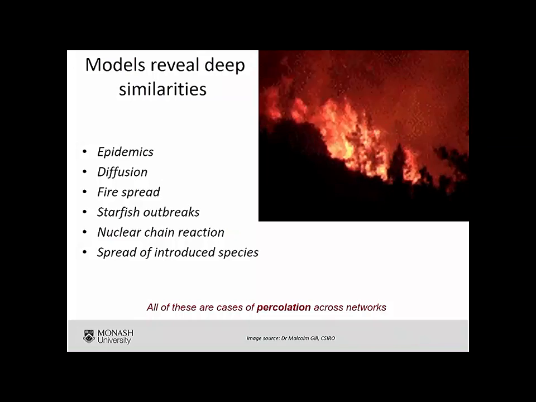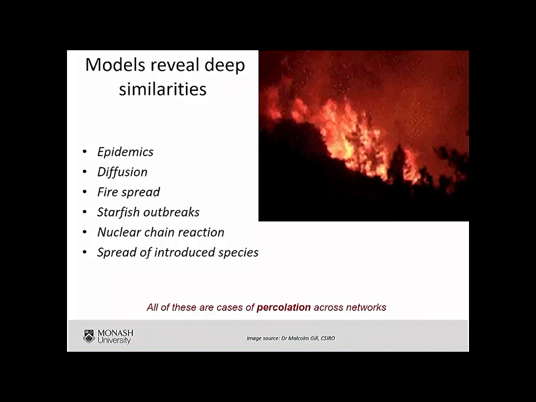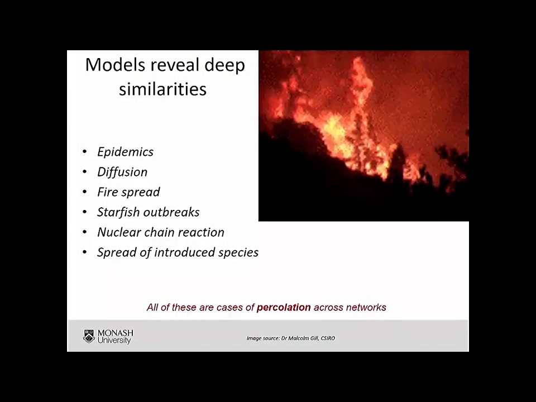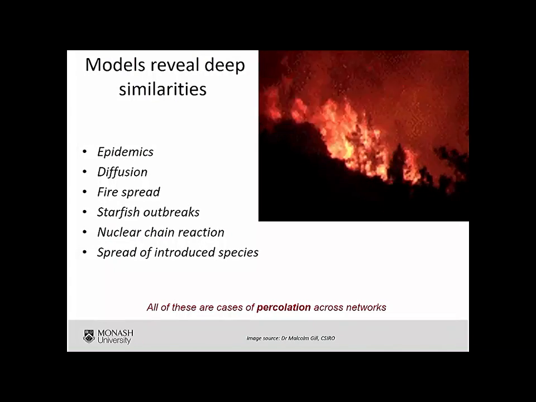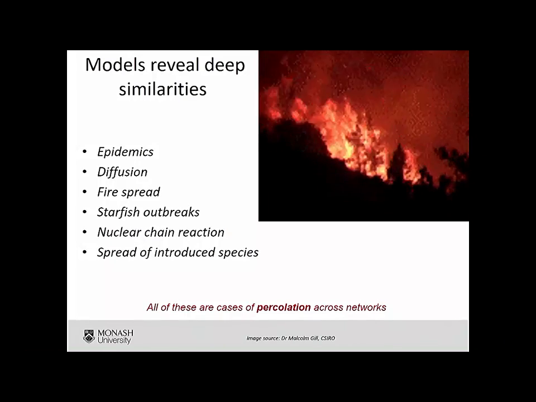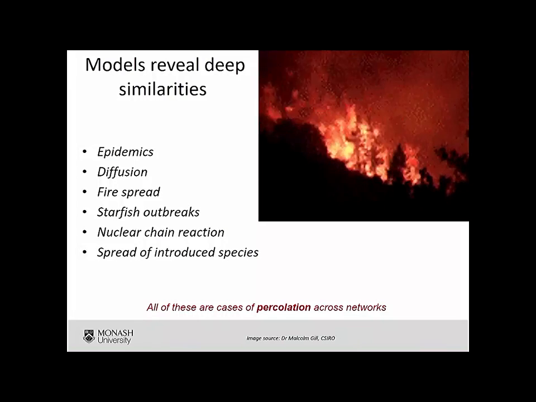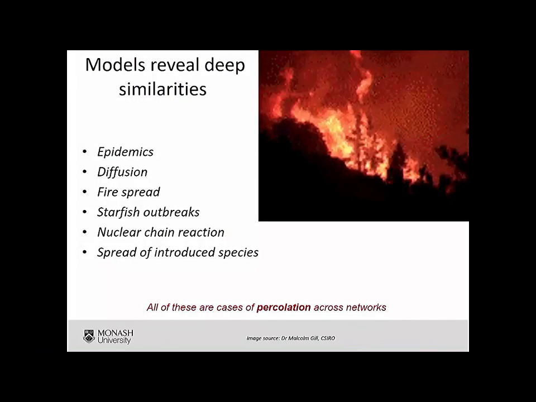If you think about how epidemics work, I have the cold and then you have the cold and then your friends get the cold. It's something that's percolating across networks. Same happens in a nuclear chain reaction. One atom splits, sends out some alpha particles. It hits another atom, that splits, and you can see it percolates across.